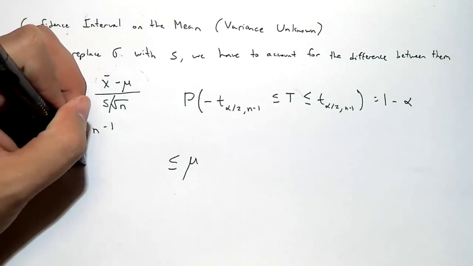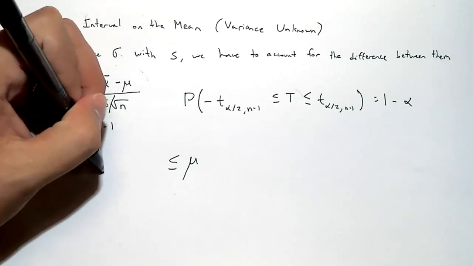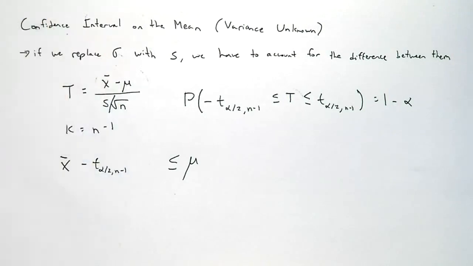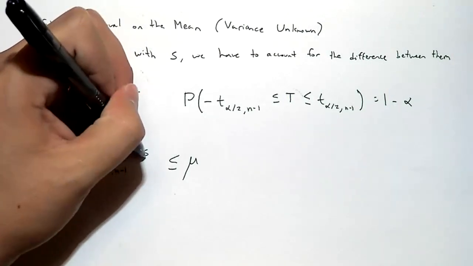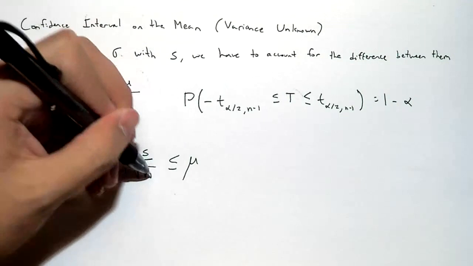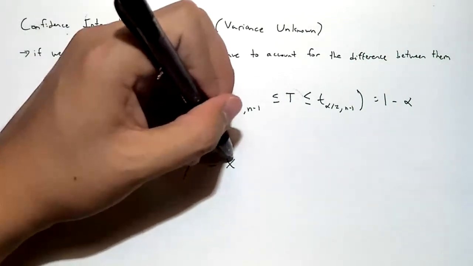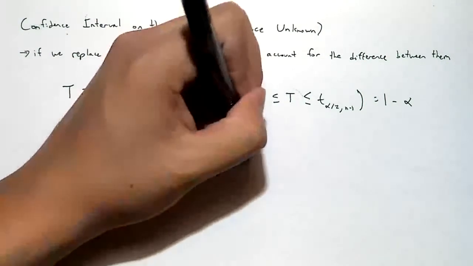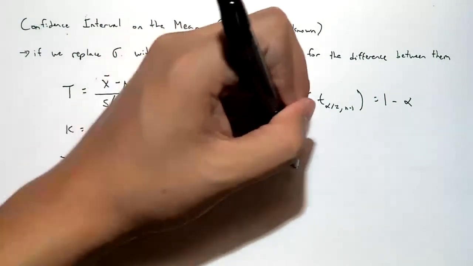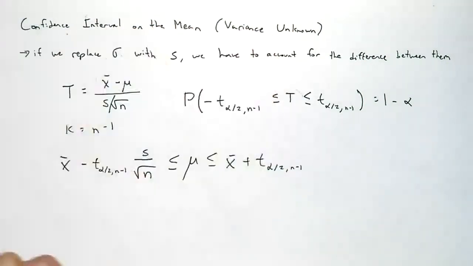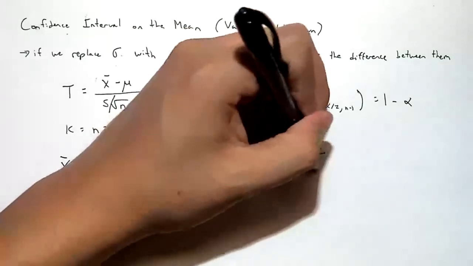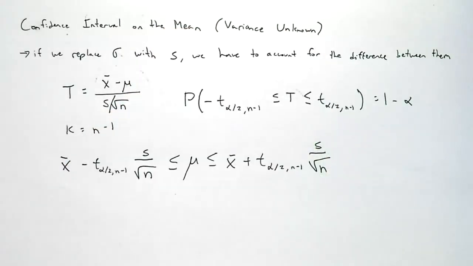It'll be in between x bar minus t of alpha over 2 with n minus 1 degrees of freedom times the sample standard deviation over the square root of the number of observations, and on the other side, the sample mean plus t of alpha over 2 with n minus 1 degrees of freedom times the sample standard deviation over the square root of the number of observations.